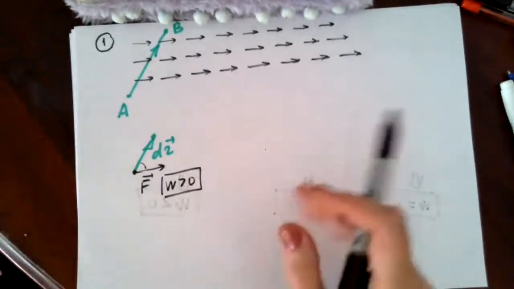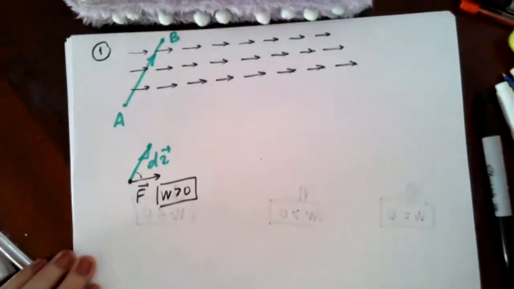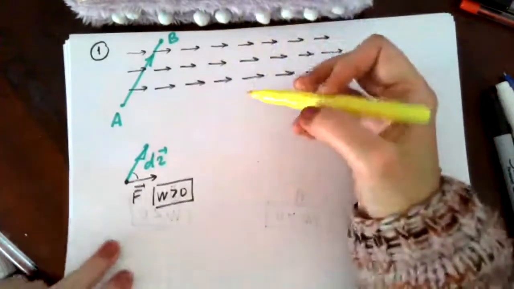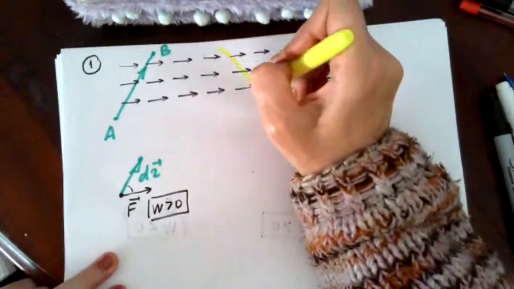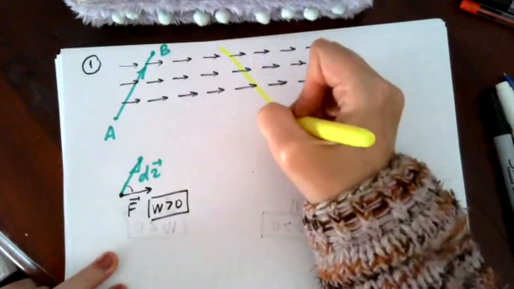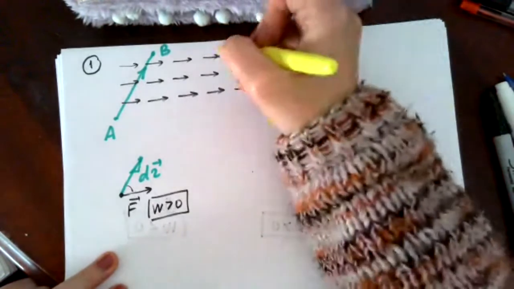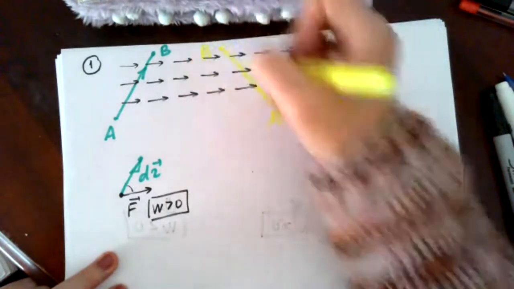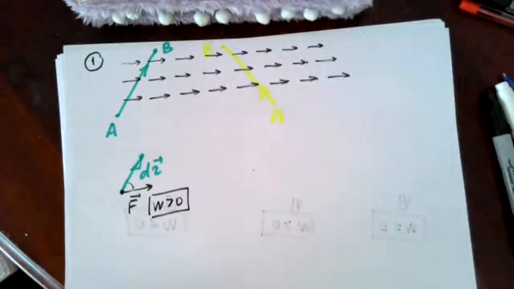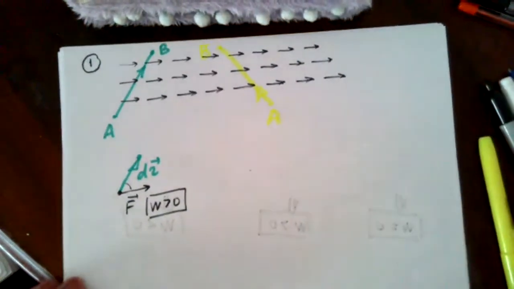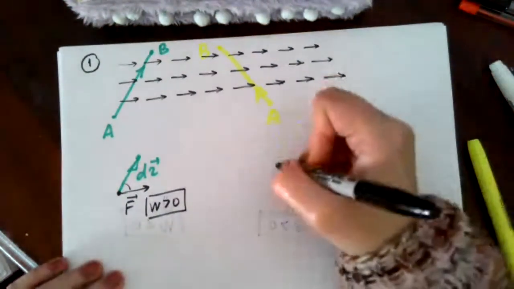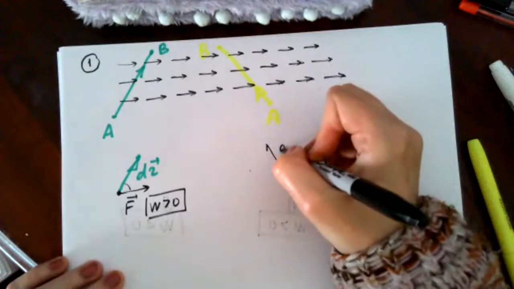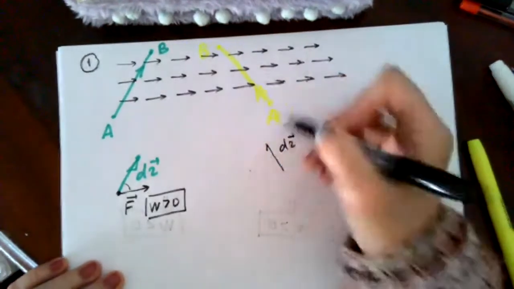Okay, so it was pretty easy. Let's consider the second example. Let's consider the yellow path this time. Let the direction be the same. This is going to be point A, this is point B, and the whole direction goes this way. In this case, the yellow vector will be our direction vector, so it looks like dr. So this is our yellow vector.